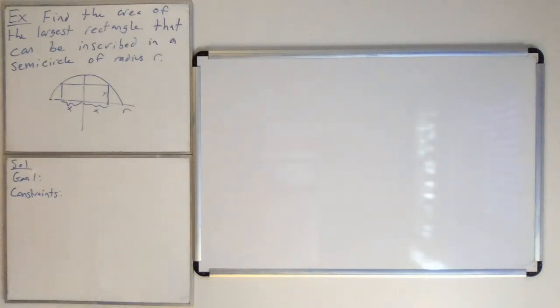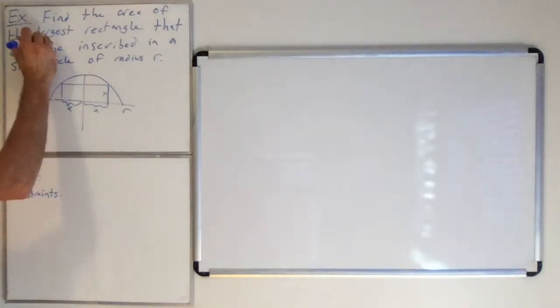I think you want to optimize A equals 2xy. Good, but optimize means either find a max or a min. Which one are we trying to find? Max or min? All right, we want to find the largest.